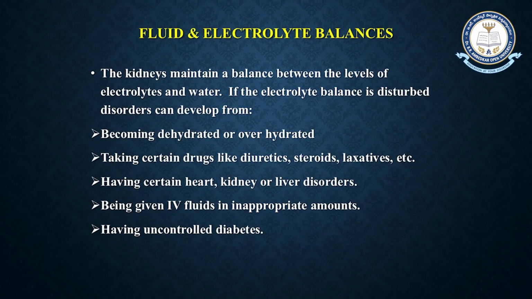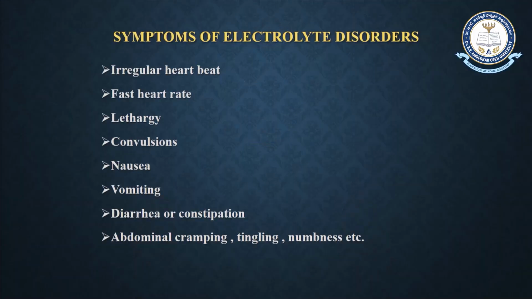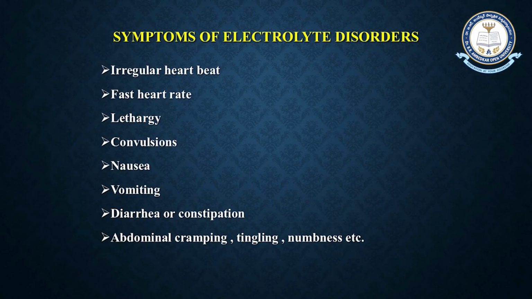Also, when IV fluids are given in inappropriate amounts, and uncontrolled diabetes can also lead to this imbalance. The symptoms of fluid electrolyte imbalance disorders are irregular heartbeat, fast heart rate, lethargy, convulsions, nausea, vomiting, diarrhea or constipation, abdominal cramping, tingling, numbness.